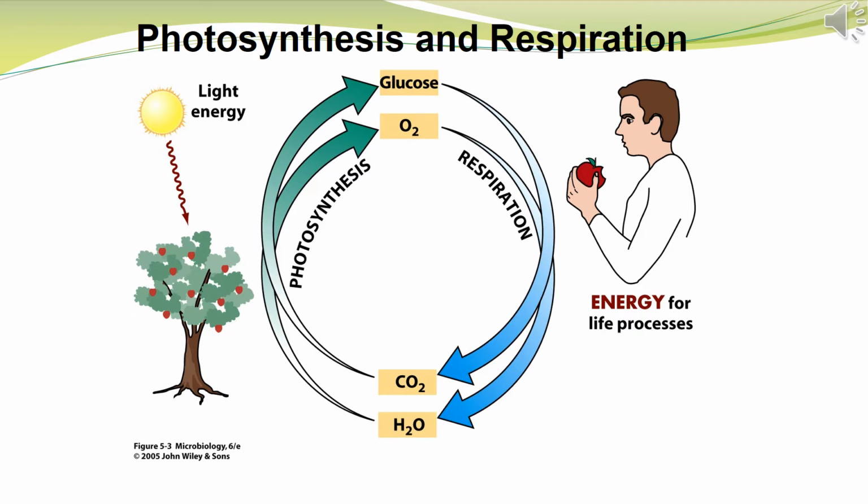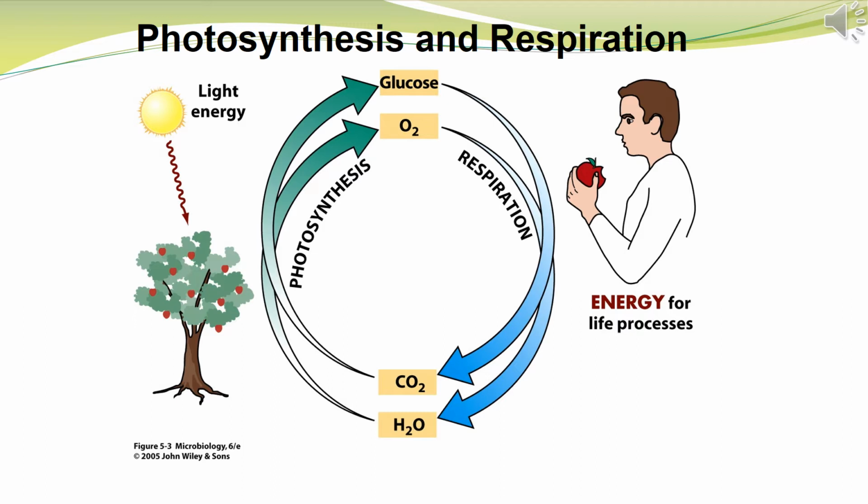And here's just a picture of the methods by which organisms take in energy and food. For plants, this process is called photosynthesis, and they take in light energy from the sun and CO2 from the air to make glucose, which is their food source.